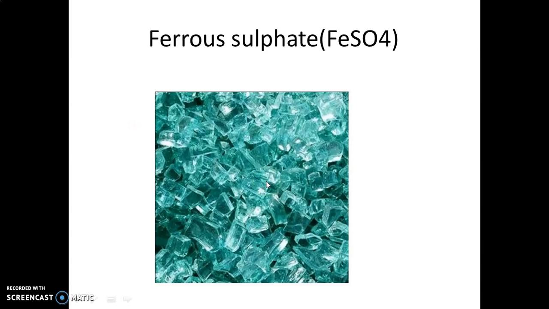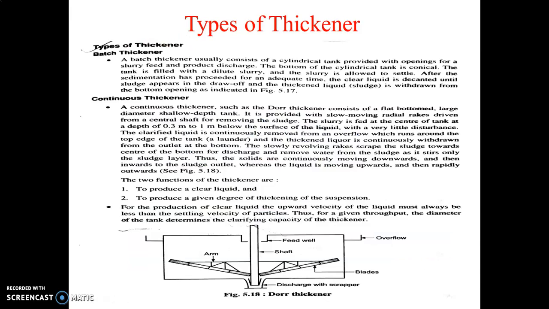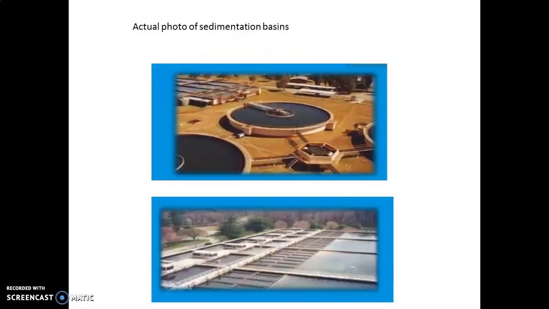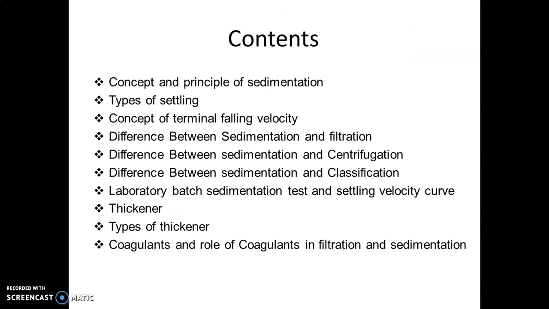So now this chapter is over. I will conclude this chapter. We just discuss what points are covered in this unit. First I discussed the concept and principle of sedimentation.